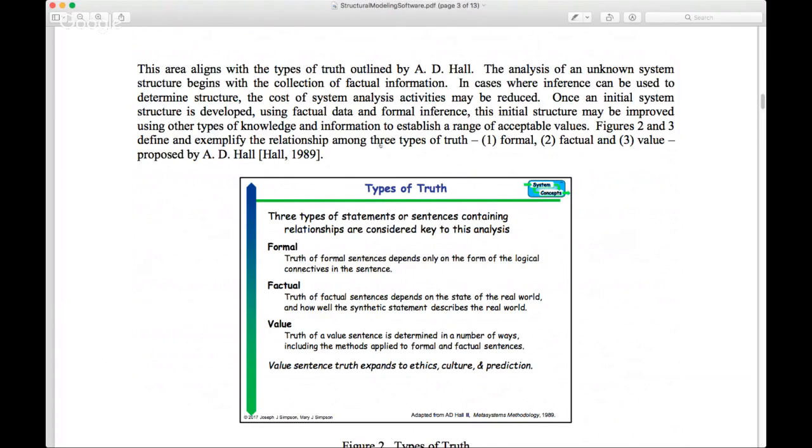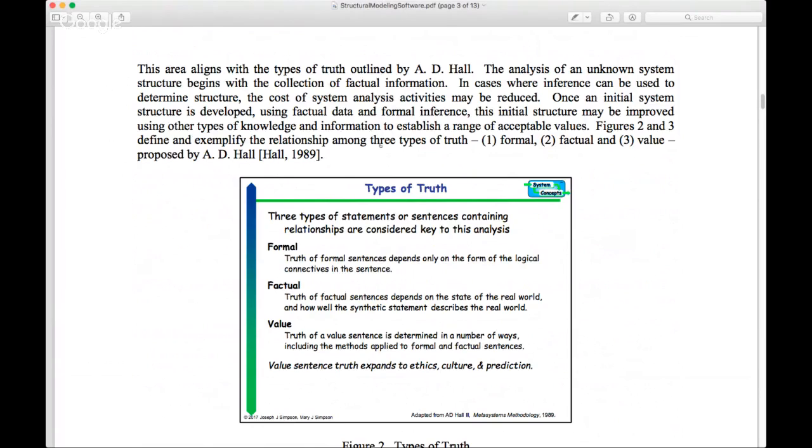And then the other part, of course, is the value truth. The truth of the value sentence is determined in a number of ways, including methods applied in formal and factual sentences. So when I think about the activity of structural modeling, we're usually trying to establish organizational values in a certain specific context under a certain specific set of conditions.